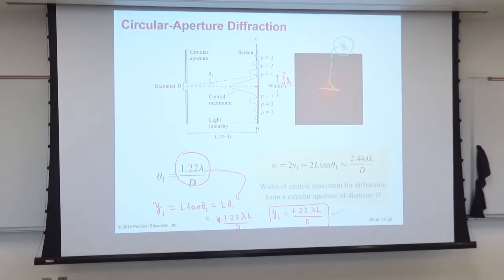So we have this y1 here, and then we also have y1 here. So the width of this central bright spot is approximately, I shouldn't say exactly, approximately equal to 2 times y1, y1 on one side and y1 on the other side. So this gives the width of this central spot.